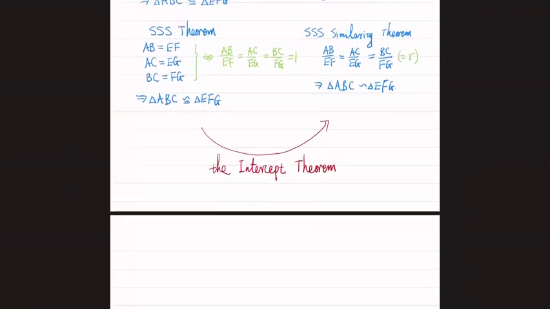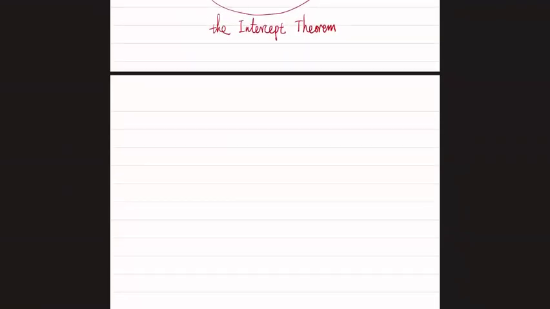Okay. So next, we move to a special class of triangles. A triangle with a right angle. So we will label this angle theta.